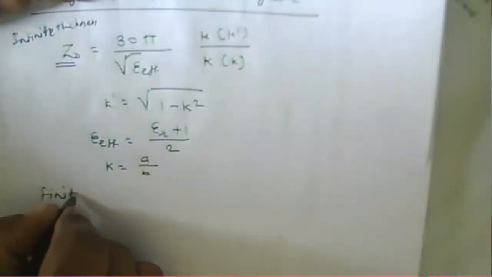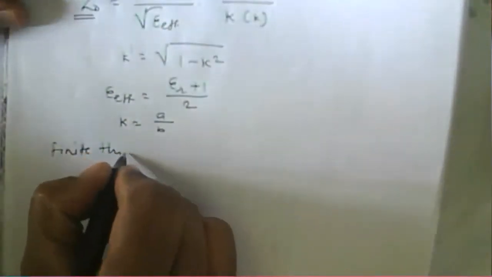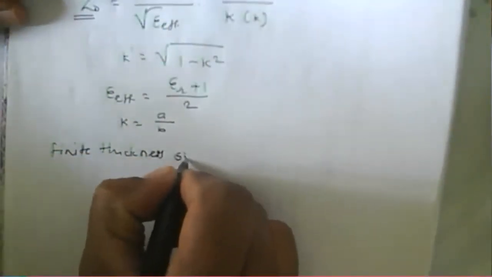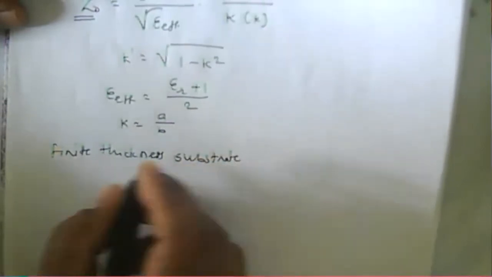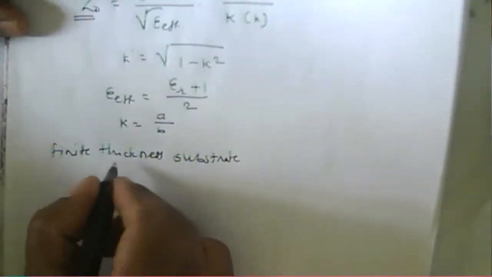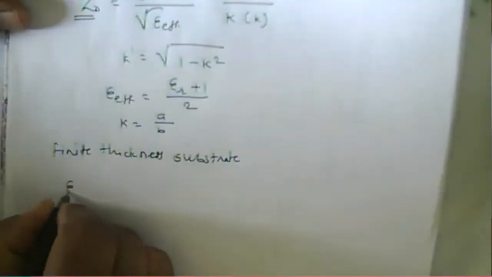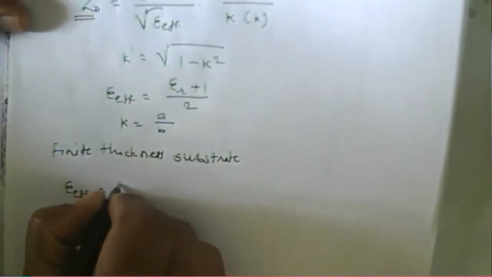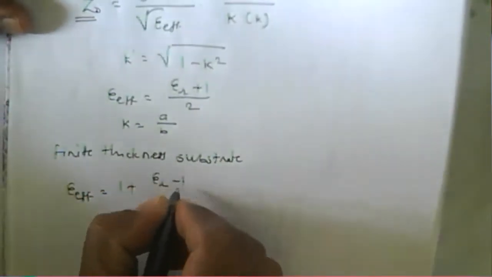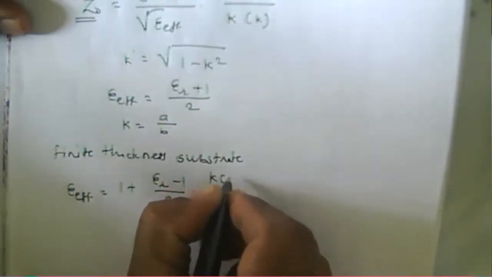For infinite thickness, this is your 30 pi by root epsilon effective equation, and that Z0, the characteristic impedance, we get for the infinite thickness substrate. If we have a finite thickness substrate, in that case Z0 takes the same form, with Z0 effective being the same.